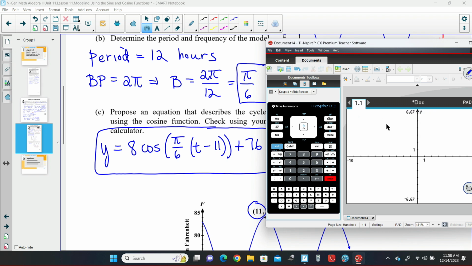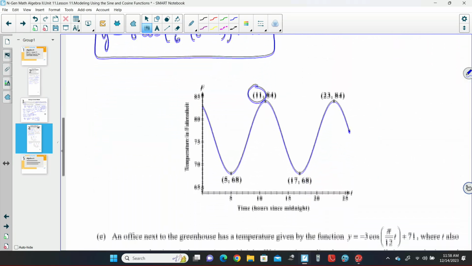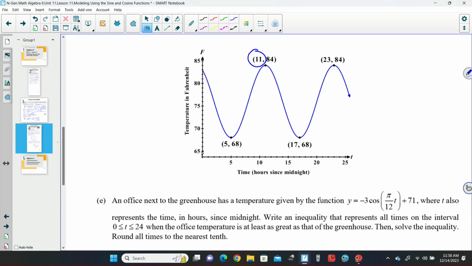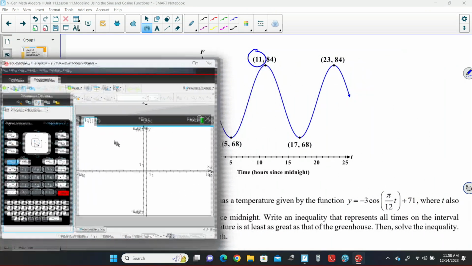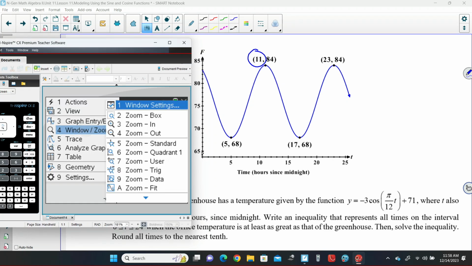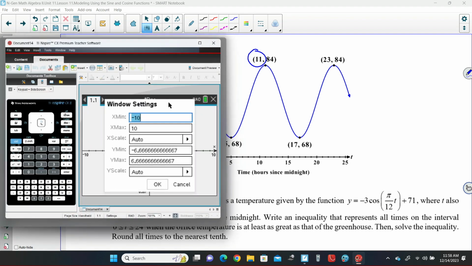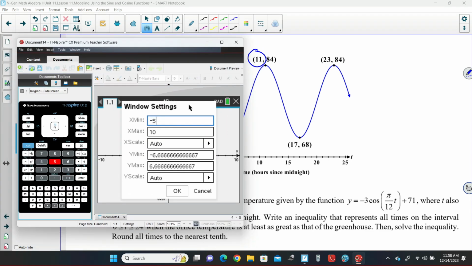Okay, I don't see any graph, and that makes sense because I don't have the window sized the way I want it yet. I want, in terms of my window, my x to go from 0 to 20. Where did it go? Oh, there it is. Menu, window. Window settings, I'm going to have x go from, let's say, -5 maybe to 25.